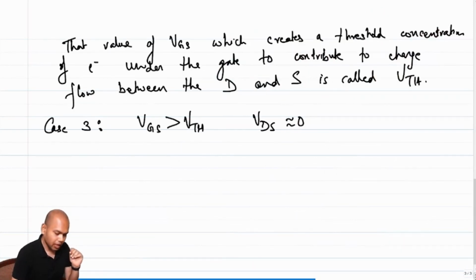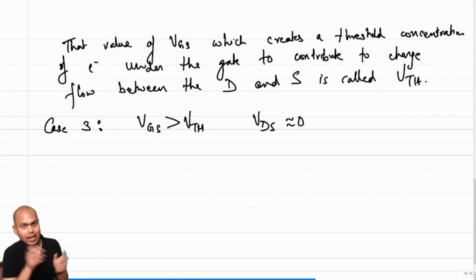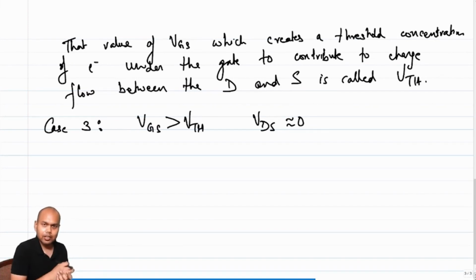So if somebody asks you how do you know which terminal is drain and source, what will be your answer? The higher voltage terminal. In this particular device that I have talked about, which is in fact called an N MOSFET, because electrons in a semiconductor are often referred to as N type, N stands for negative, and electrons have negative charges, so we call this N type MOSFET.